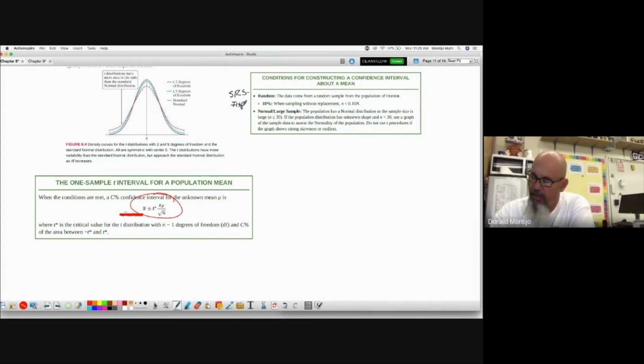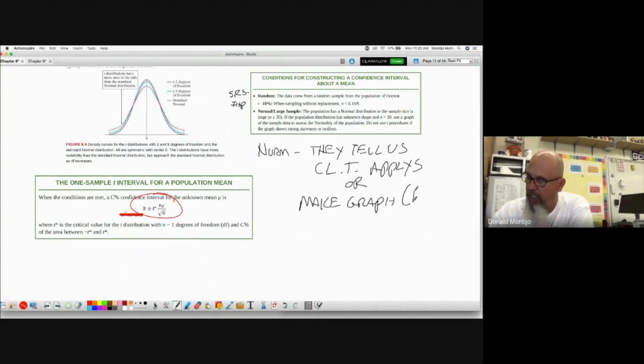So again, how do I check normality for quantitative data? They tell us. Central limit theorem applies, or make a graph, probably a box plot. Okay.